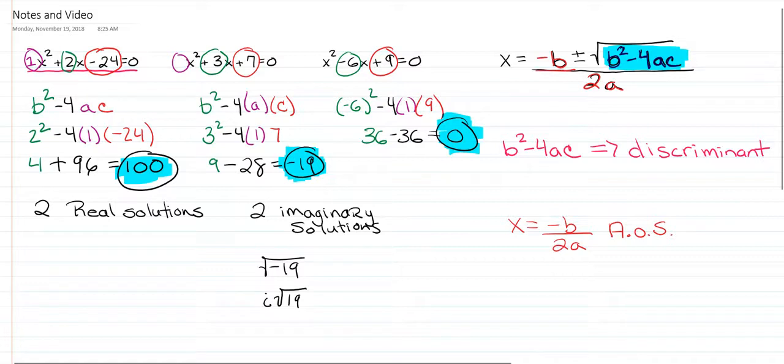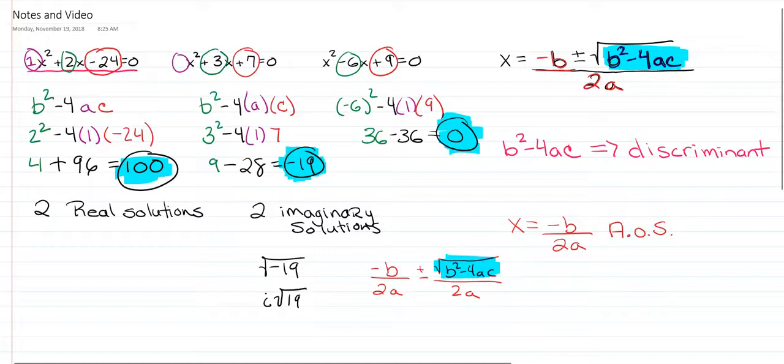So if I break apart my quadratic formula into negative b over 2a plus or minus the square root of b squared minus 4ac all over 2a, right? Because these common denominators allow us to write it as one fraction. But if this is 0, the square root of 0 is 0.